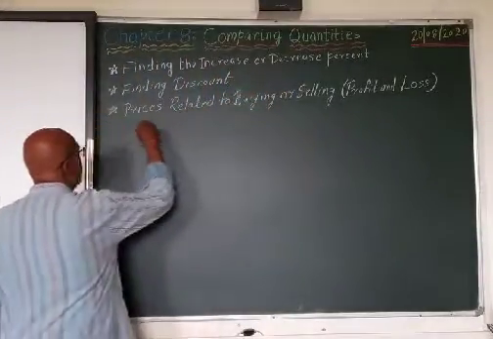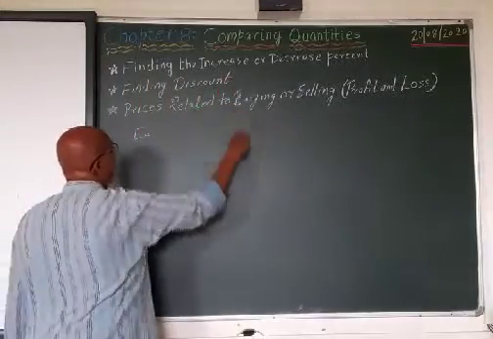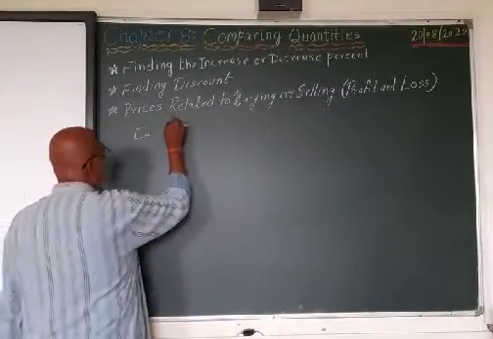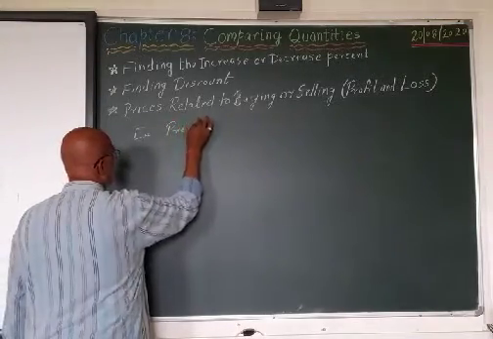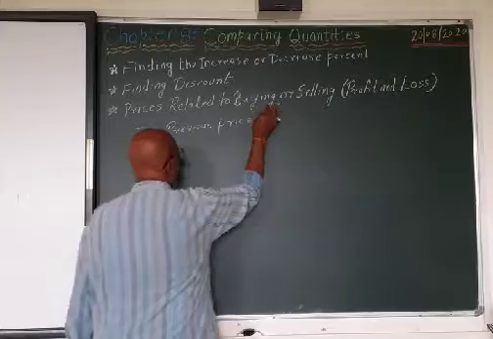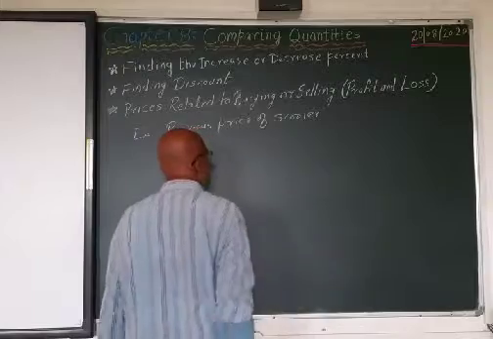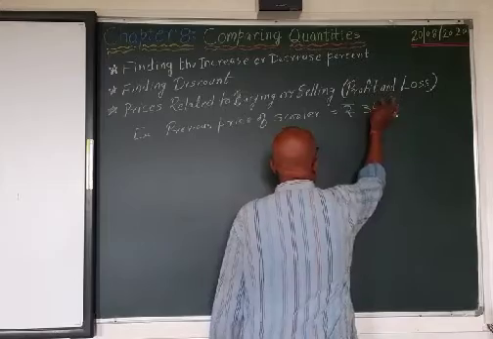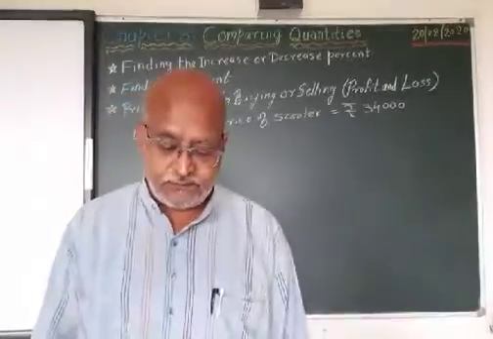So, the example for the first one, that is finding the increase or decrease in the price. Let the original or previous price of the scooter equal rupees 34,000. Now this was the previous price of the scooter.